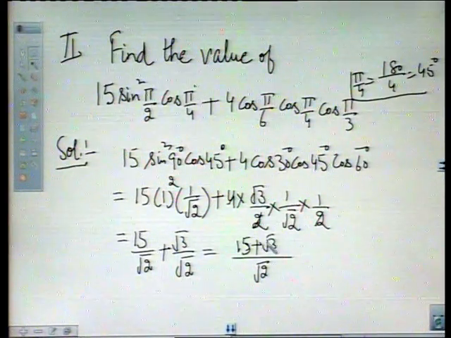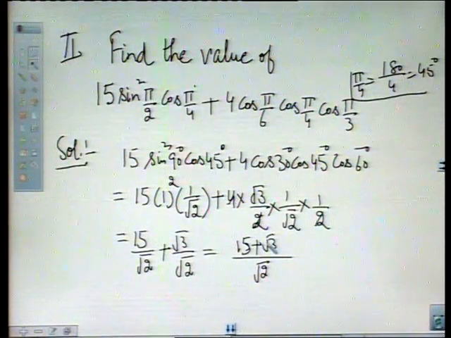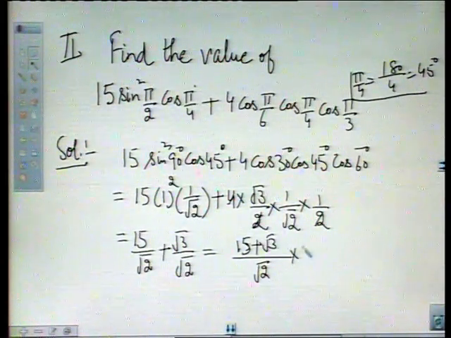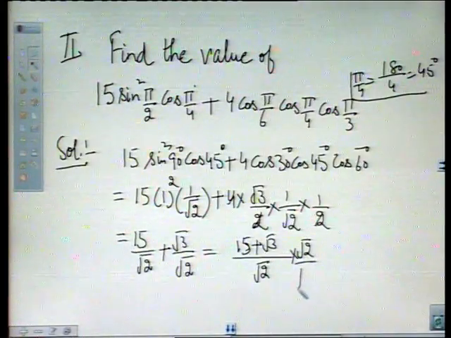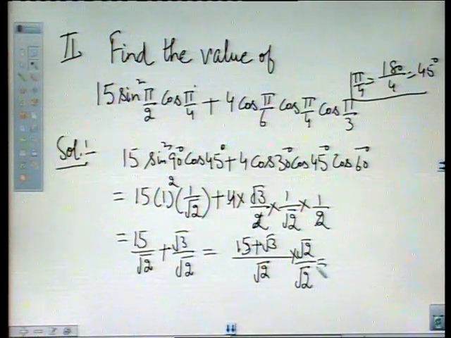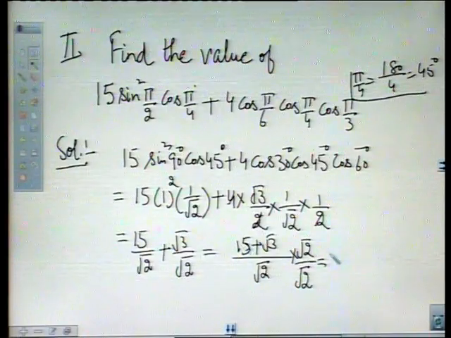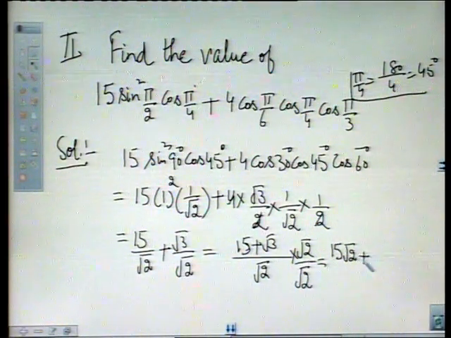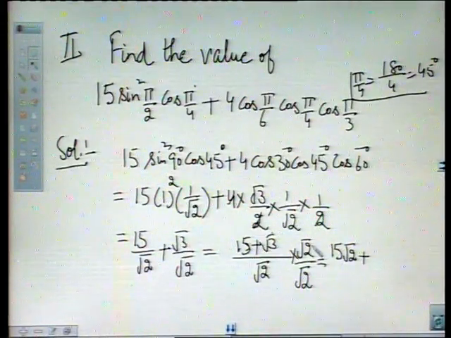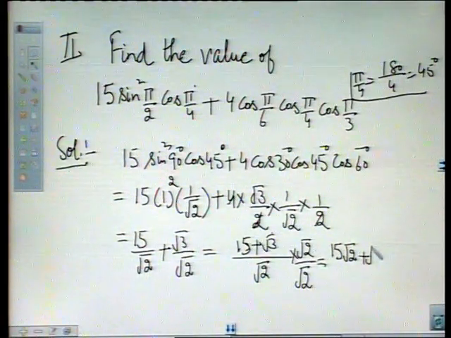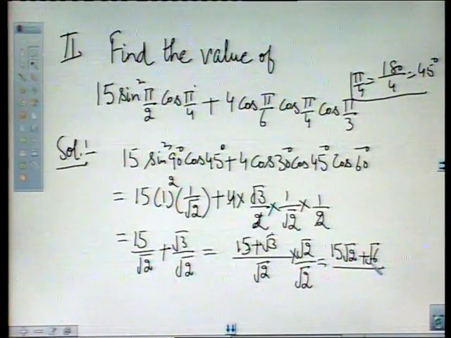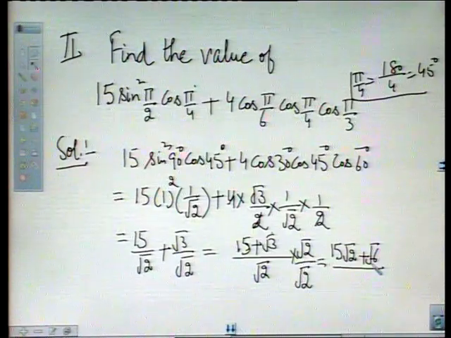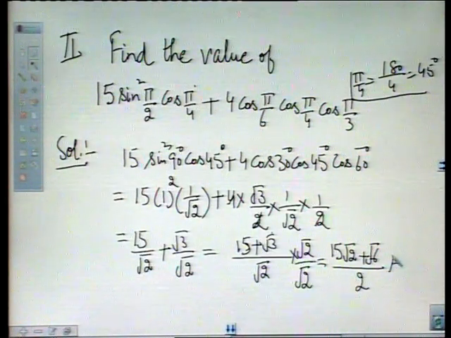We will rationalize it, we multiply and divide by under root 2. In the numerator we get the value as under root 2 plus under root 3 multiplied by under root 2 will give us under root 6, and in the denominator under root 2 into under root 2, that comes out to be 2. This is our answer.